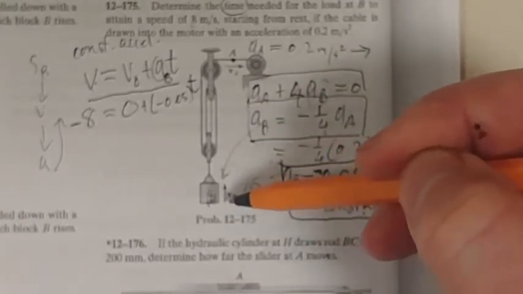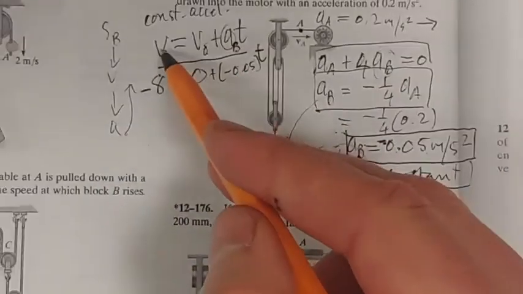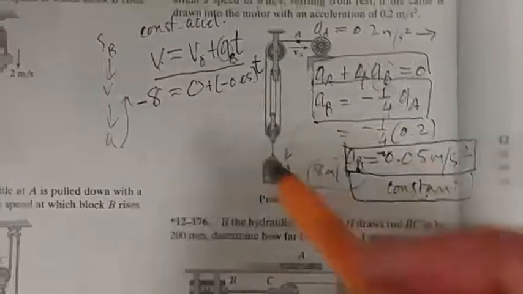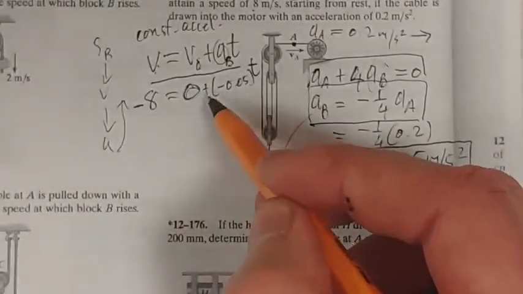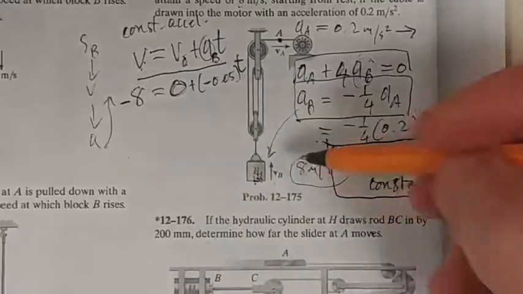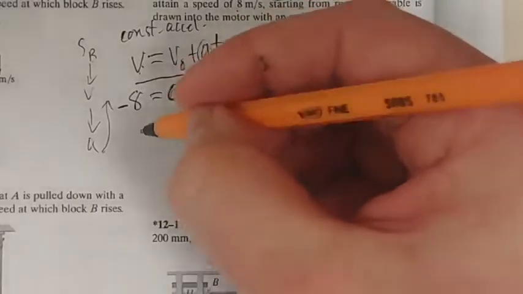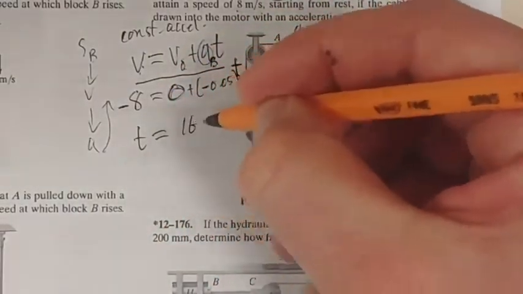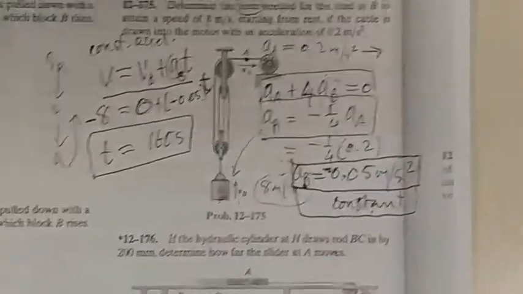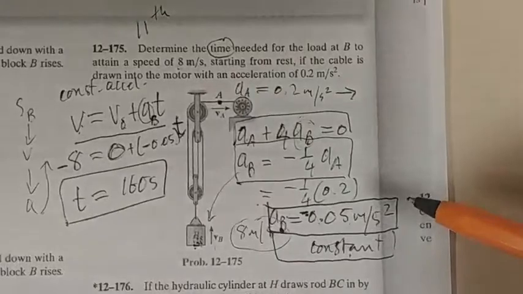Up for this particle is negative. So we have minus 8, because the final velocity must be 8 upwards, is equal to 0 initial velocity, and the acceleration is minus 0.05, because the acceleration is up, times time. So if we calculate the time here, it will be 160 seconds. So it's going to take 160 seconds for block B to reach 8 meters per second.